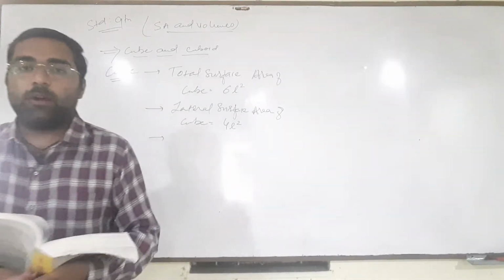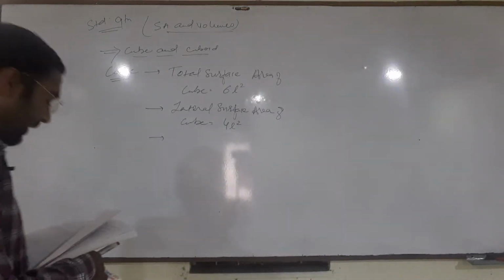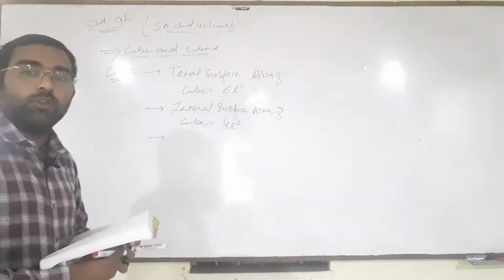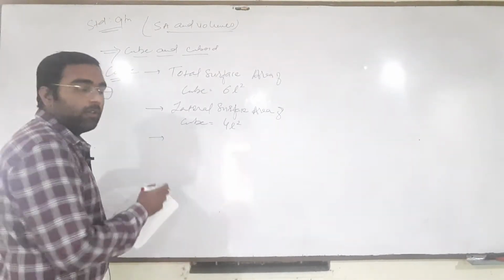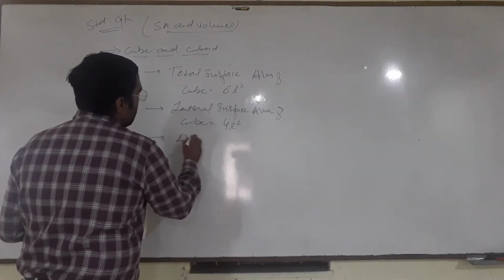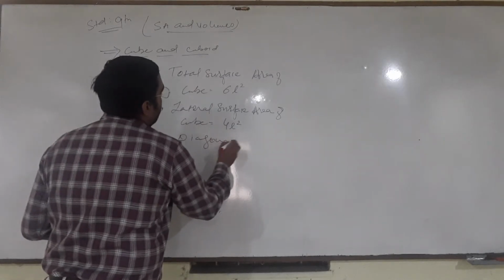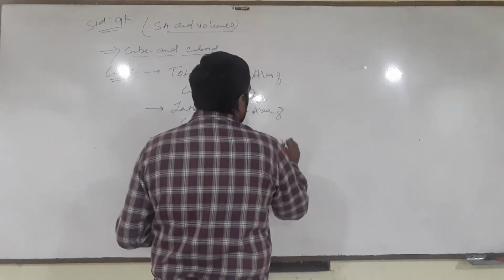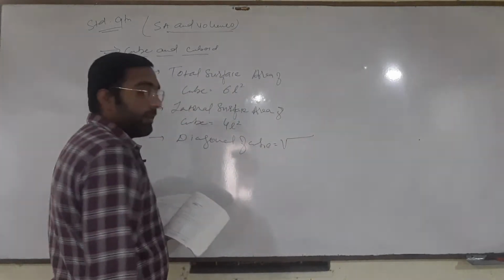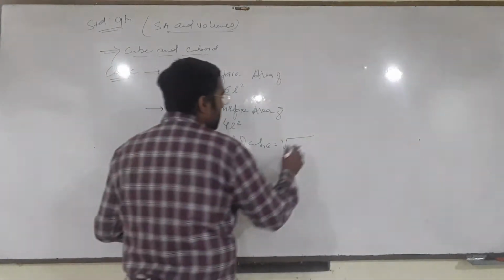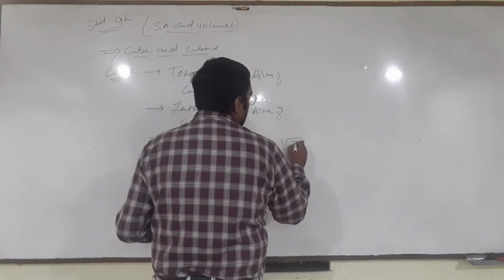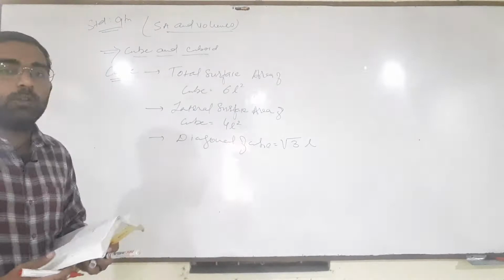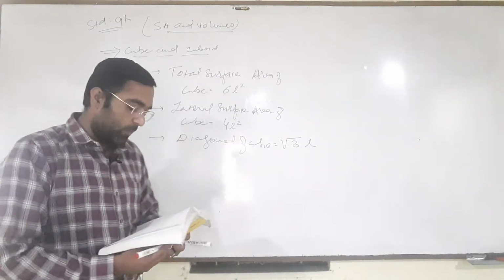Okay, now take the diagonal of the cube. Diagonal of cube is square root 3 into L, where L is the side of the cube.